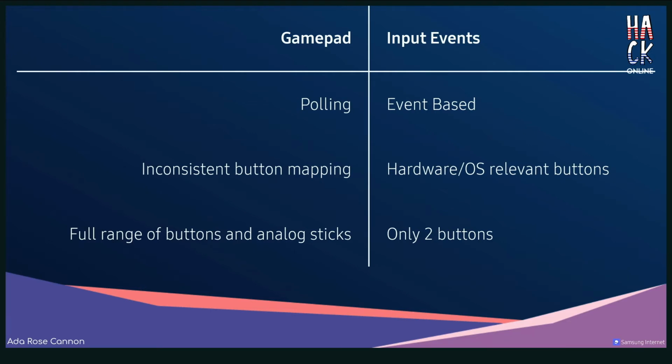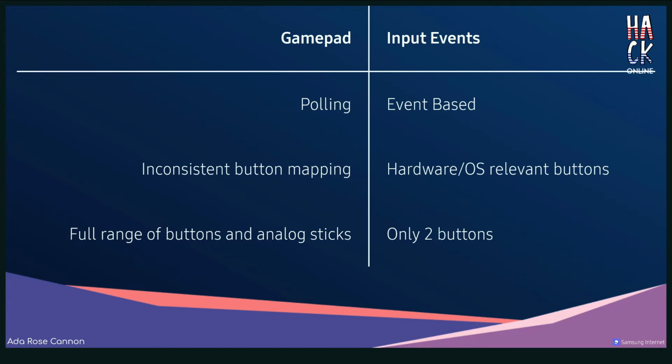Whereas the select and squeeze events from the WebXR device API only give you access to those two buttons, whichever one corresponds to the squeeze and whichever one corresponds to the select, which may vary between controllers through the gamepad API, but you know you'll always have the correct one if you use the events. The gamepad API is also polling based.